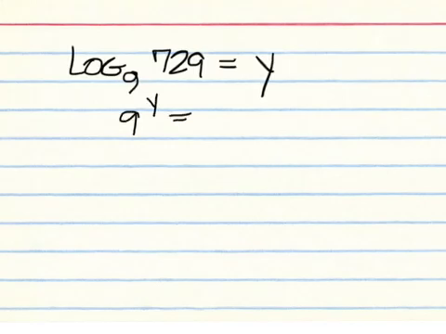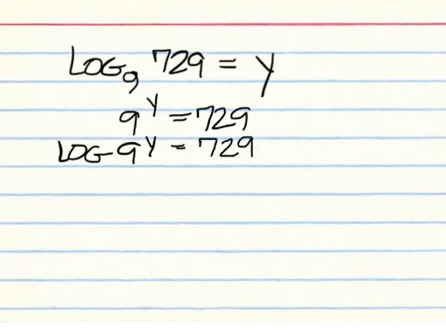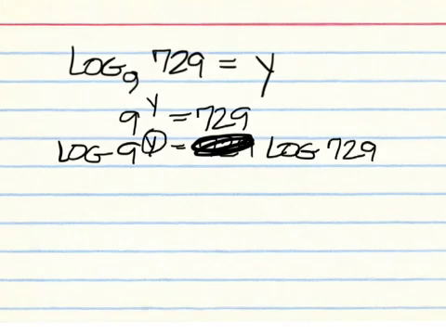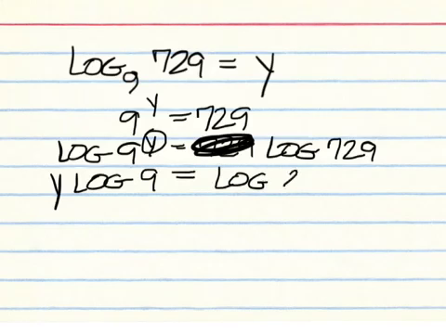This is log base 9 of 729, and that equals y. The solution is to write 9 to the y power equals 729, and then you need a log of both sides. Once you do that, by rule, you can move the exponent of y to the left and make it y log 9 equals log 729.